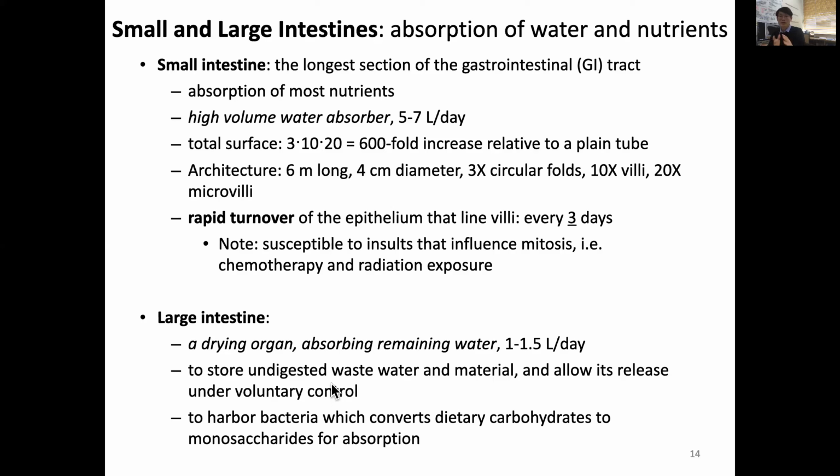A very interesting part of the large intestine is that it harbors bacteria which are symbiotic to ourselves, and they have specific roles, which is still a very hot topic these days. That bacteria converts dietary carbohydrates to monosaccharides for our absorption.